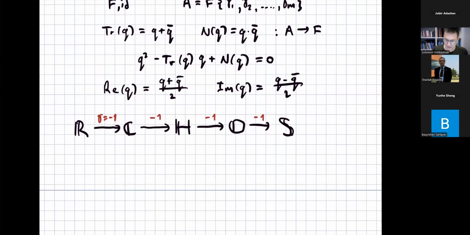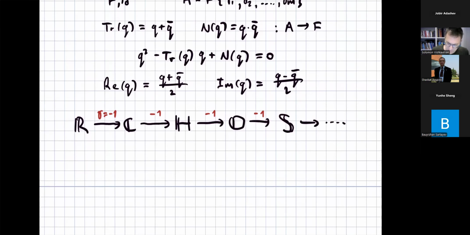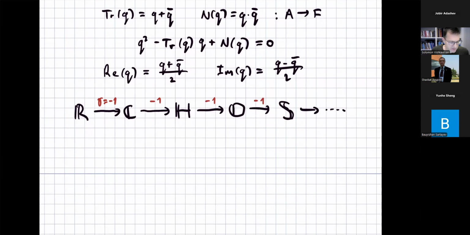The sedenions are not alternative, they're flexible, and they have zero divisors. We can continue this process, of course, ad infinitum. This is basically just a recollection of what Cayley-Dickson algebras are and why they're important.